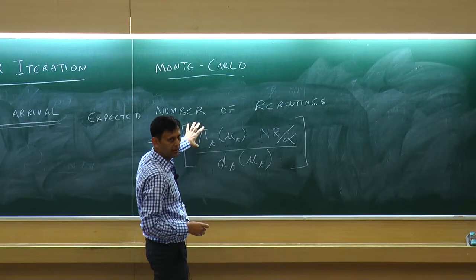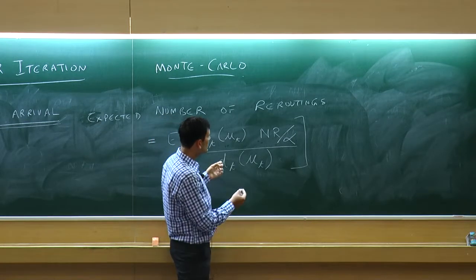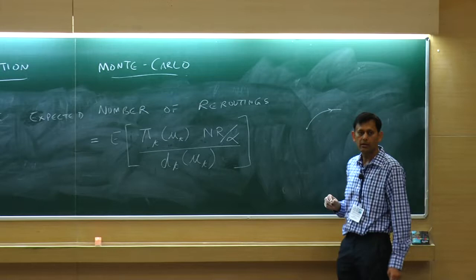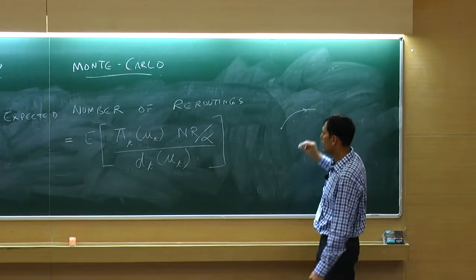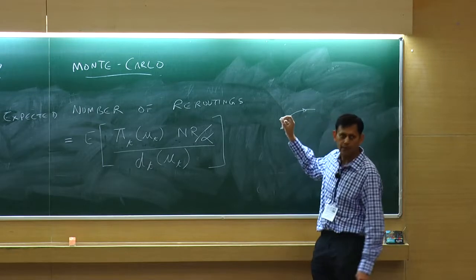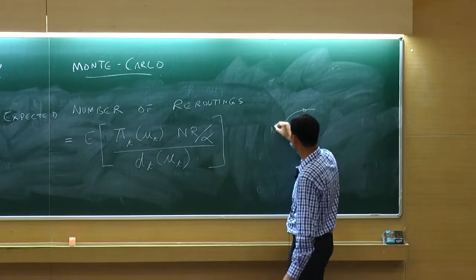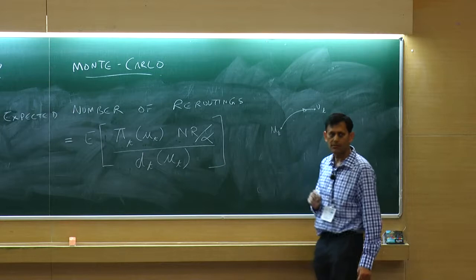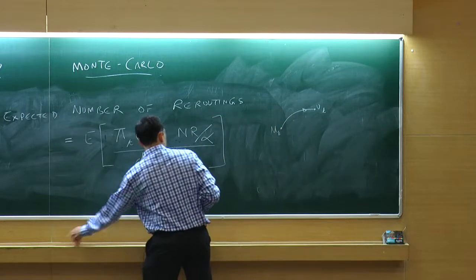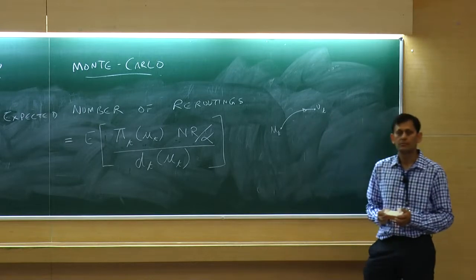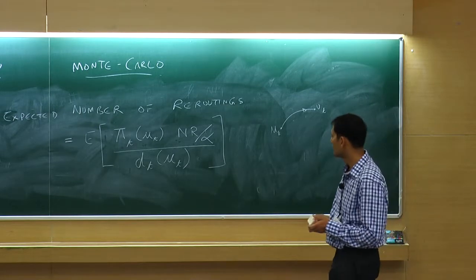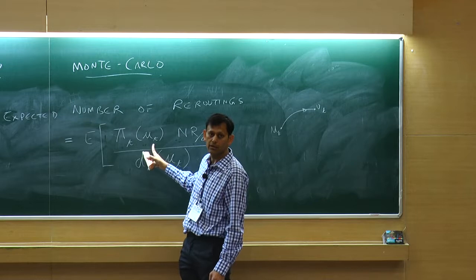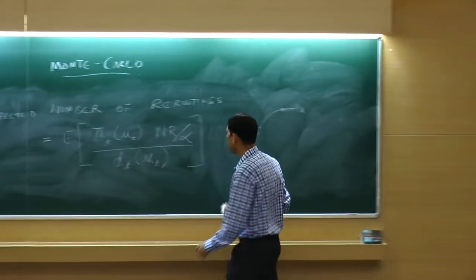Any walk that goes to ut is going to get rerouted with this probability. Here pi t is the page rank of ut in the tth step.